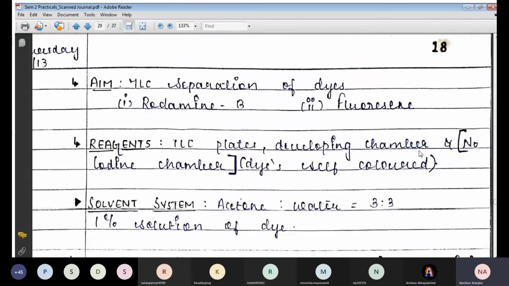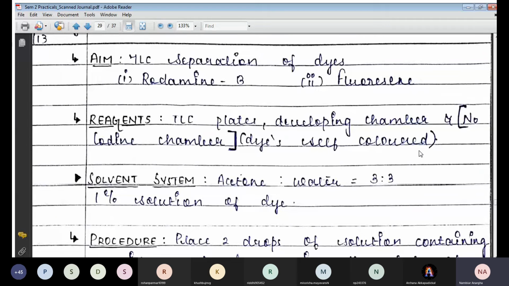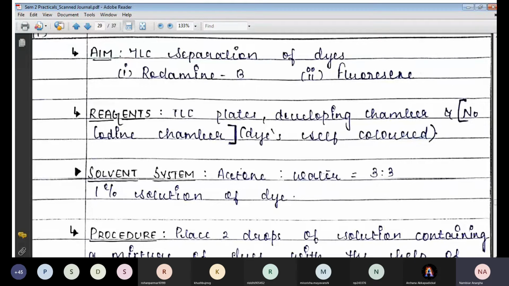Rhodamine B is reddish in color, and fluorescein is actually a yellowish color. You know what fluorescent color is, the same color. Here we are using a solvent system of acetone and water in the ratio of 3:3.